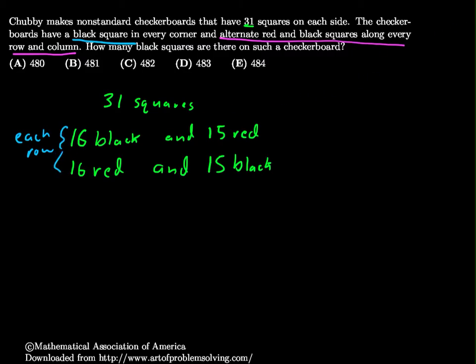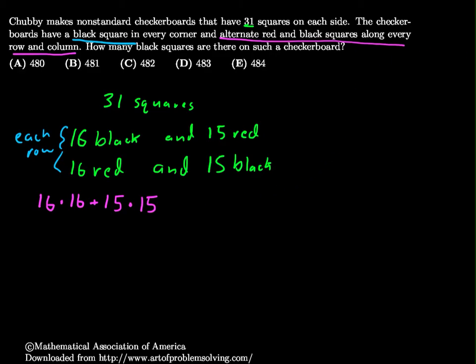And since we start with a black square and we end with a black square, we know that we will have a total of 16 rows with 16 black squares. And then in between those, we'll have 15 other rows, so we'll have 15 rows with 15 black squares.